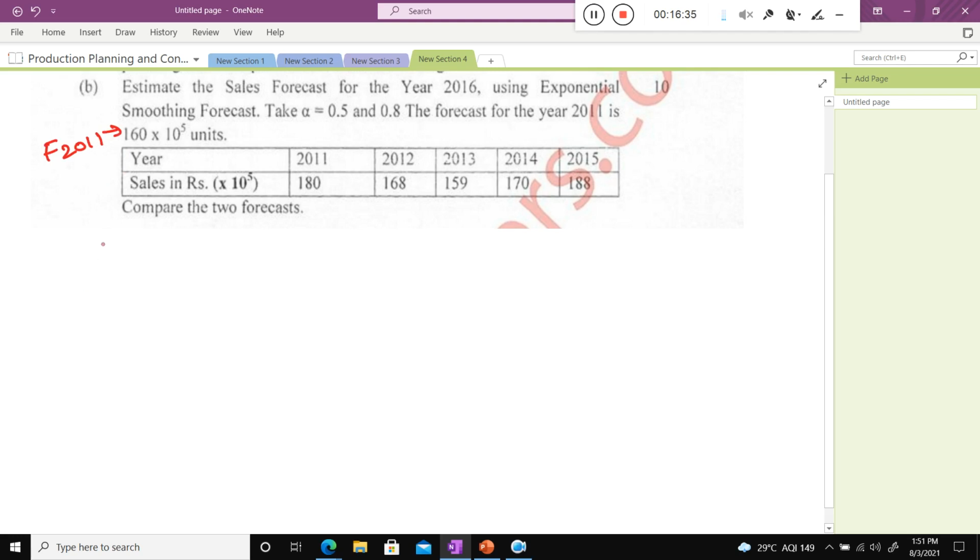As per the question, you need to find the forecast of 2016 when alpha is equal to 0.5 and when alpha is equal to 0.8. So what is the procedure to find the forecasting of year 2016?